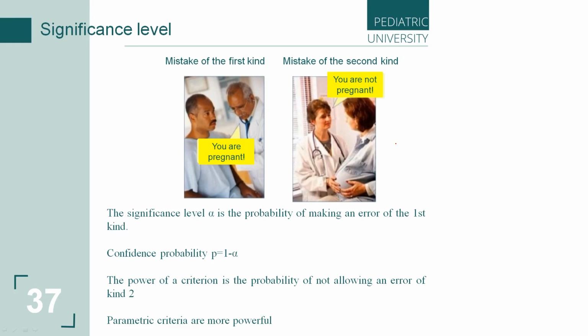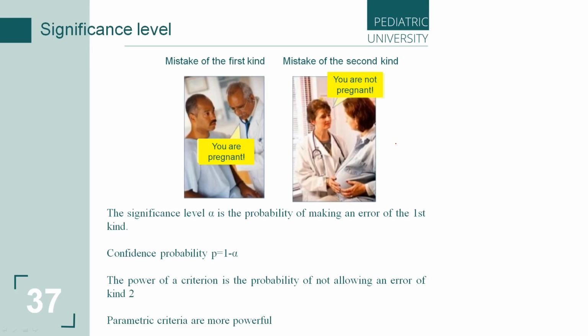The power of the criterion is the probability of not making an error of the second kind. Parametric criteria are more powerful, as we said. If it's possible to use them, we should use parametric criteria, because there is a higher probability of not making a second error.